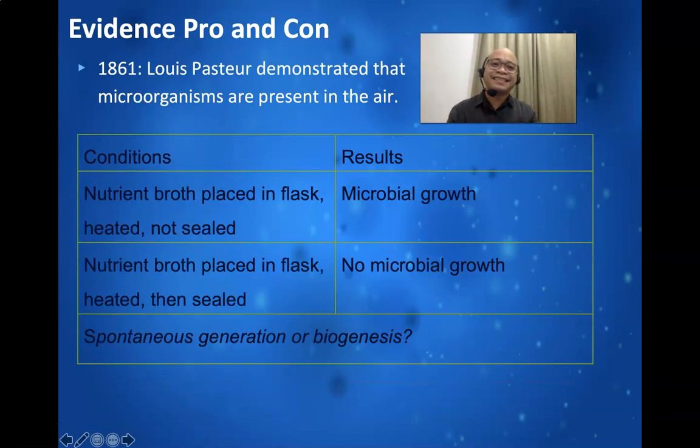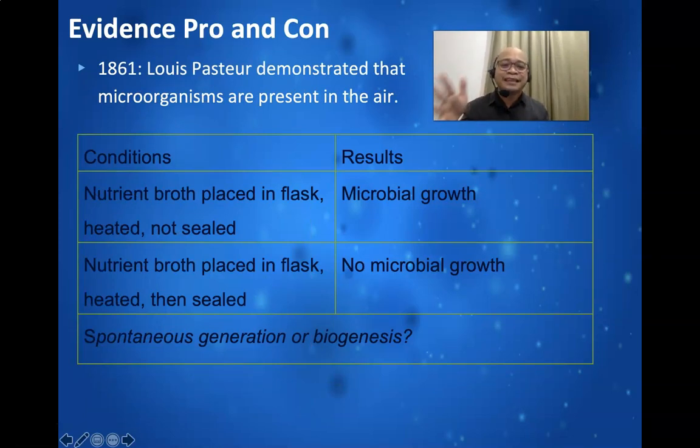So in 1861, imagine, the debate started in 1668, but the debate ended when Louis Pasteur demonstrated that microorganisms are present in the air. There were two sets. The nutrient broth was placed in the flask, heated but not sealed.